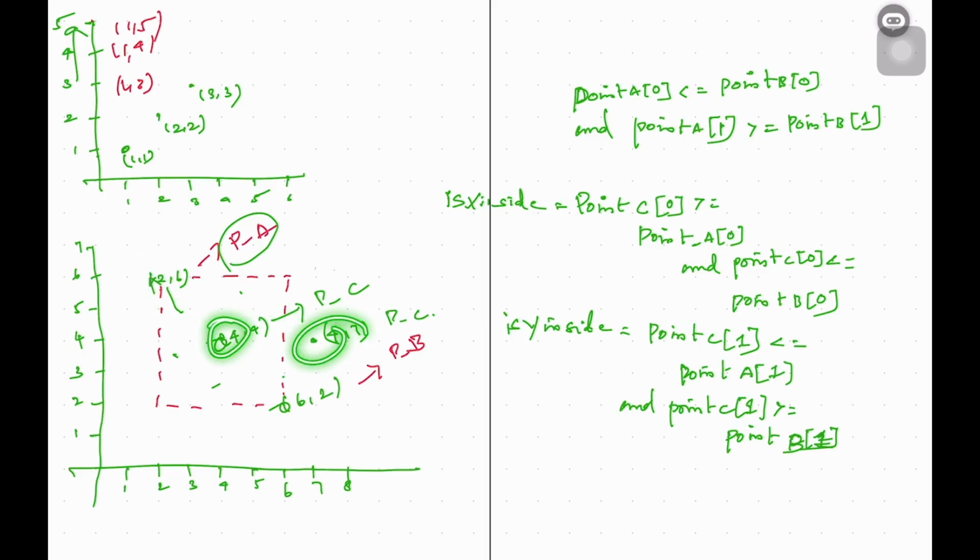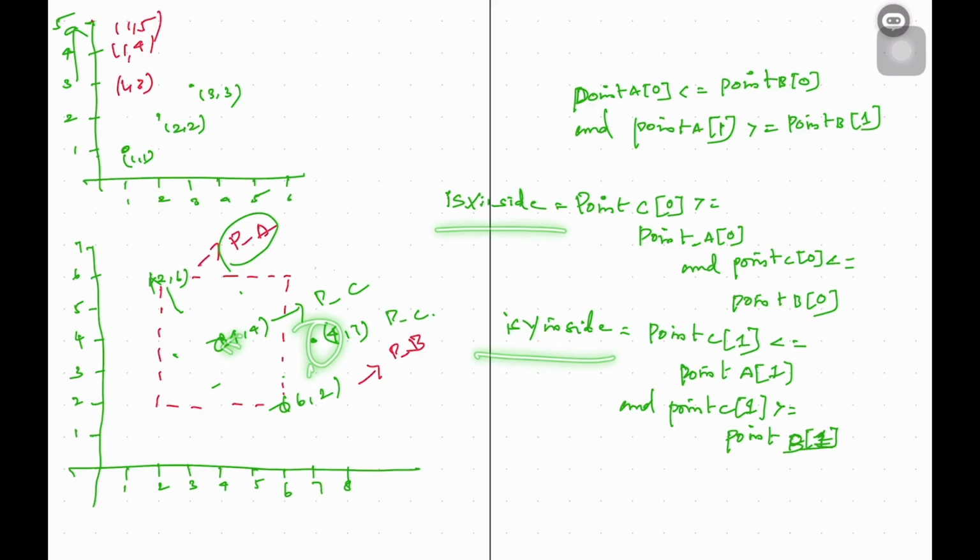Since it's a 4, okay, which is less than or equal to point B of 0, okay, and greater than or equal to point A of 0. Okay, but it is not lying inside the rectangle because point C lies outside, because y is not coming inside. So only x is inside and y is not inside.